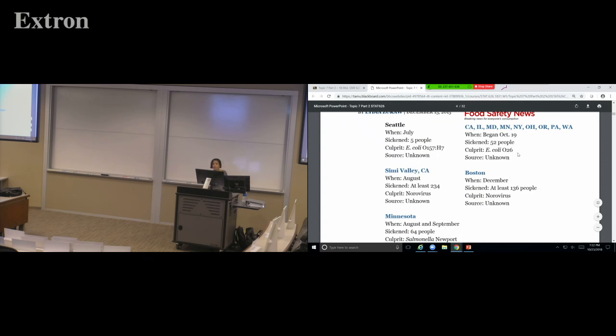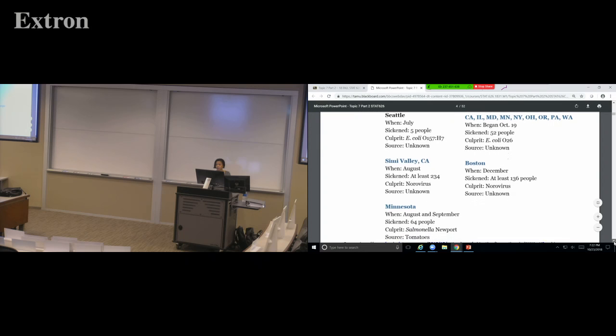And then beginning in October, E. coli was located in many, many states at Chipotles, and Norovirus was located in December in Boston. So the history of Chipotle and their outbreaks are going to play a factor, let's hope, and we can see them in our time series model and our regression model, hopefully with autocorrelated errors.